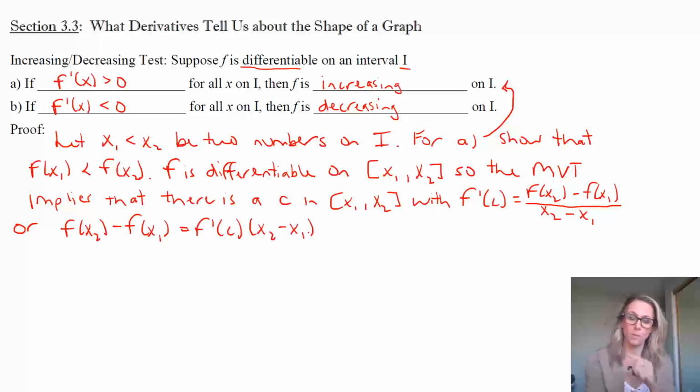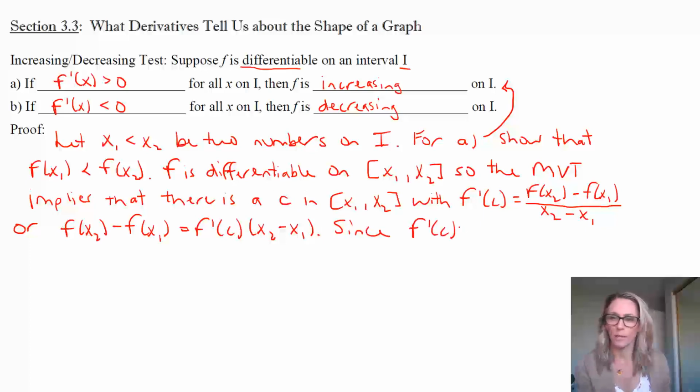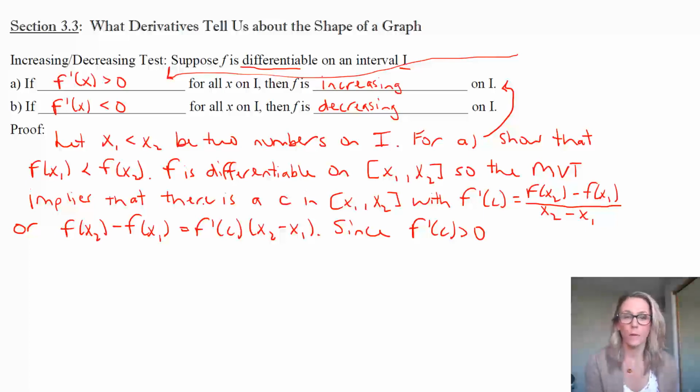Since we know that the derivative is positive, because that's part of what A is saying, that the derivative is positive on that interval, we know that f prime of c is greater than 0.